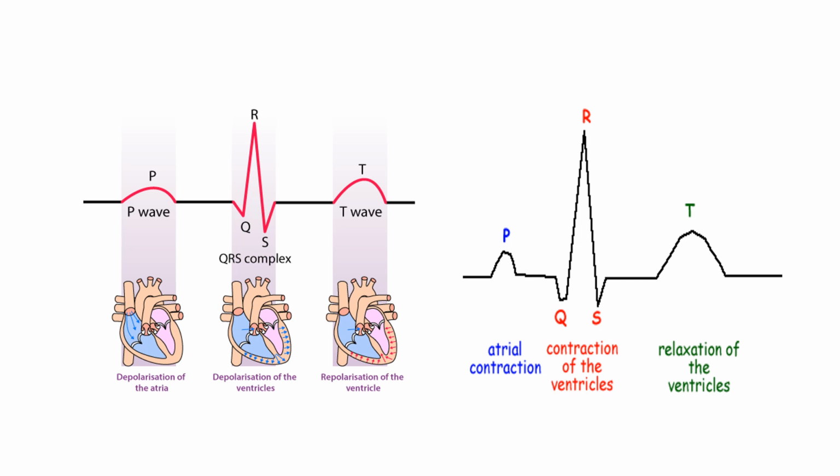When you are getting the QRS complex, the ventricles are contracting, which is called the depolarization of the ventricle. That time you will get the QRS complex. Then when you see the T wave, it is called repolarization of the ventricle.